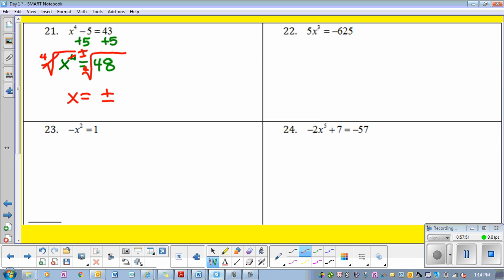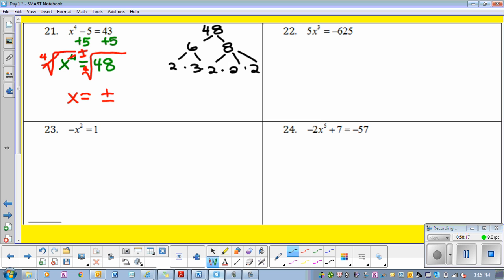We're going to have to simplify. Well, let's see. 48 is what times what? 6 and 8. 6 is 2 times 3. 8 is 2 times 2 times 2. I just did a little shortcut there. Are we okay with that?